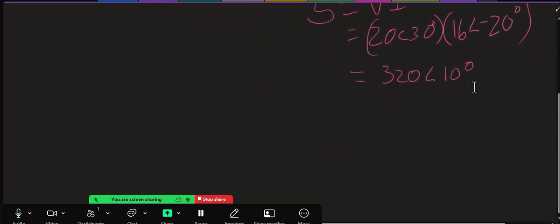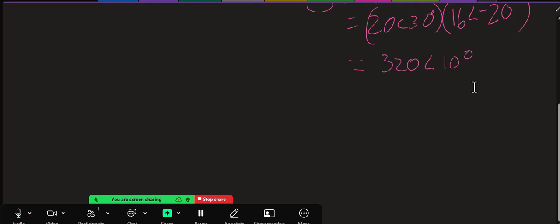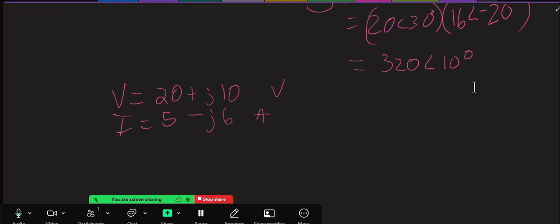Another way to talk about it is if I had V equals 20 plus J10 volts, and I equals 5 minus J6 amps, then VI conjugate is 20 plus J10 times 5 plus J6.